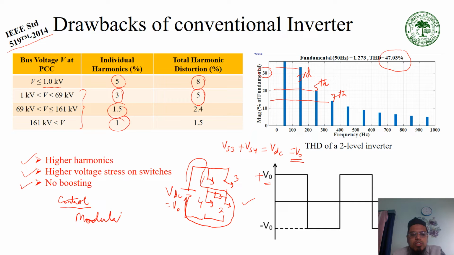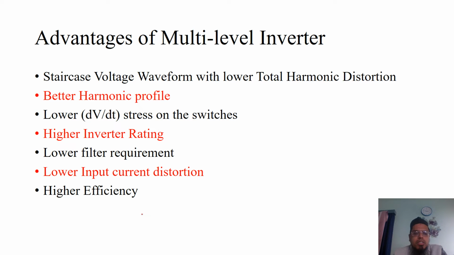The problem with this modulation scheme is that if you are using sine PWM or SVPWM technique, the ratio between the RMS of the output voltage and the input DC voltage is normally less than 1. So no boosting is available in case of two-level inverter.